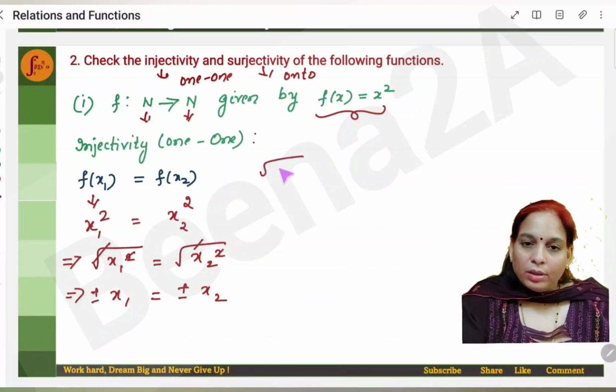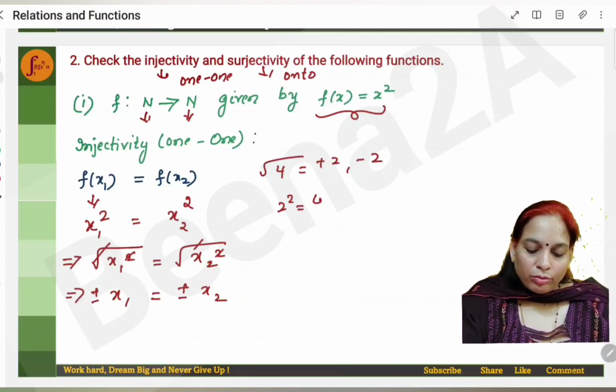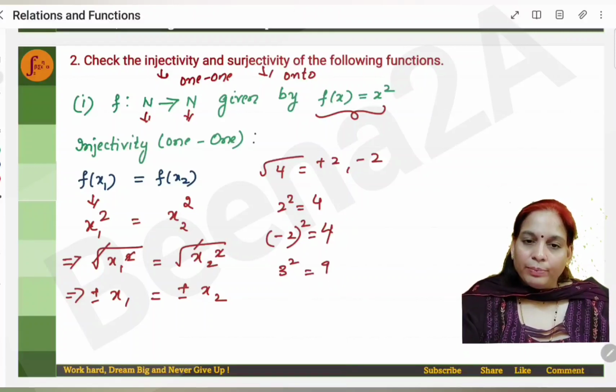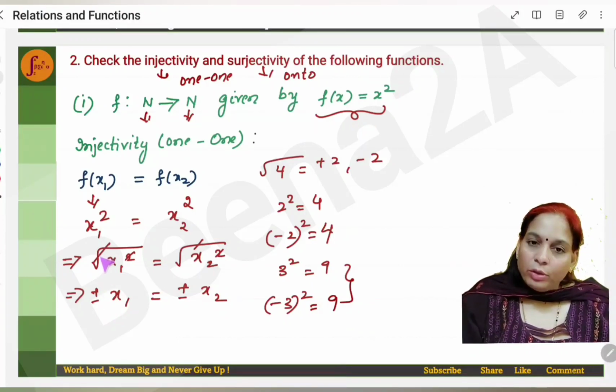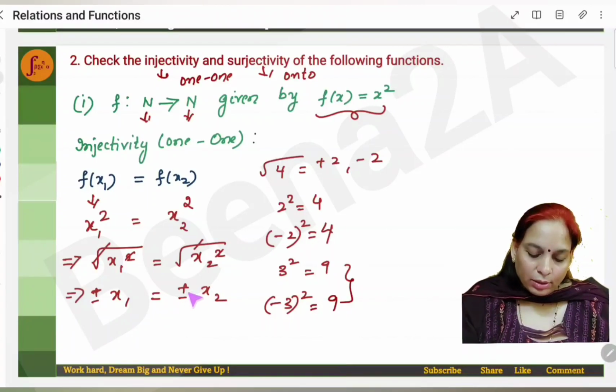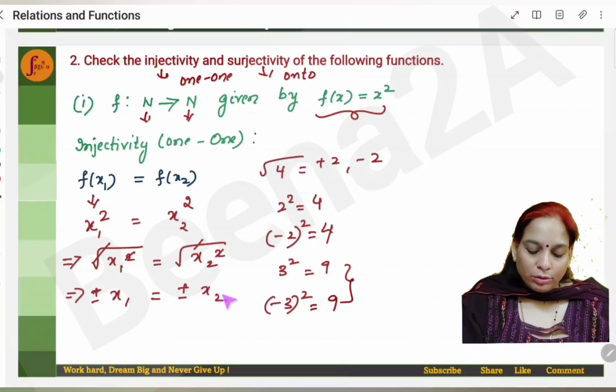For example, square root of 4 can be plus 2, it can be minus 2, right? 2 square is also 4, minus 2 the whole square is also 4, right? 3 square is 9, and minus 3 the whole square is equal to 9, right? So whenever you have square or square root, it could be plus or minus, right? It could be plus x1 or minus x1. Here it could be plus x2 or minus x2.